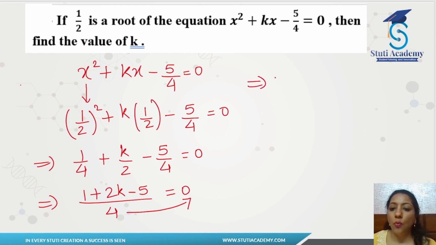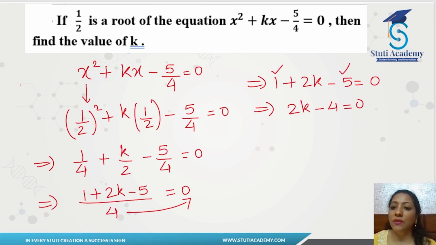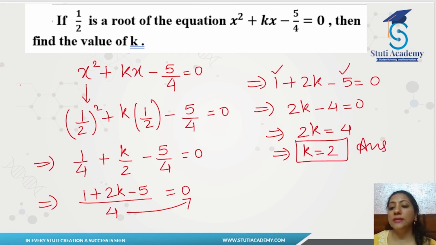So we will get 1 plus 2k minus 5 is equal to 0. This will give us 2k minus 4 is equal to 0. This 1 minus 5 will give us minus 4. So we have here 2k is equal to 4. Finally, we have here k as 2. So k is equal to 2 is the required value of k.